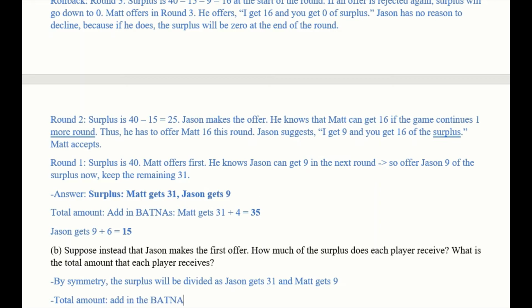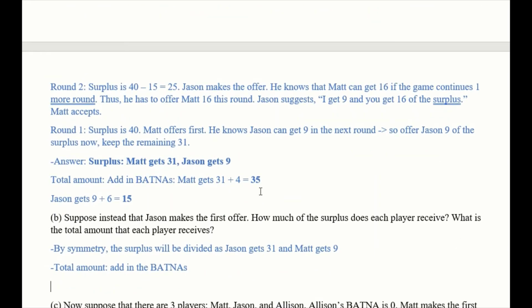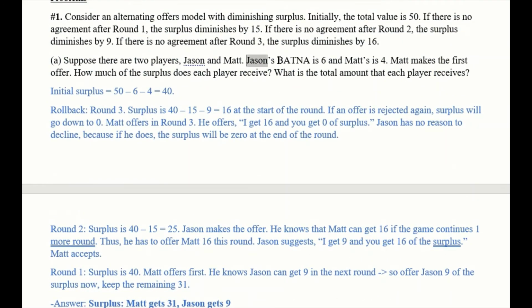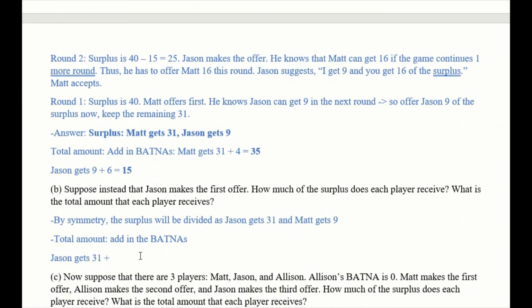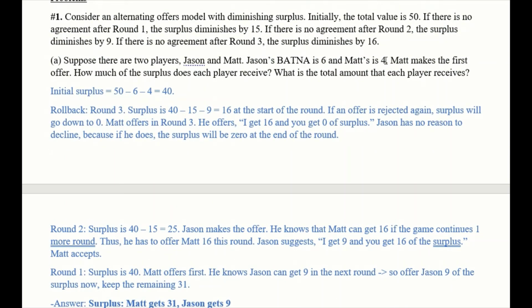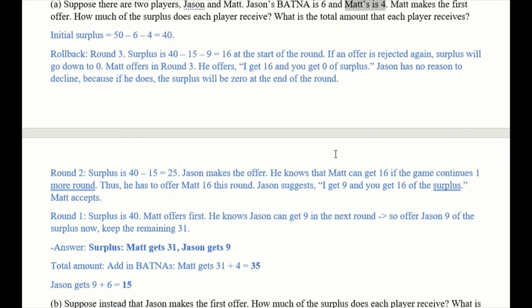Now to find the total amounts, we add in each side's BATNA. So Jason gets his 31 plus his BATNA of 6. Jason's BATNA is 6. So 37. I get my 9 of the surplus, and I also get my BATNA of 4.